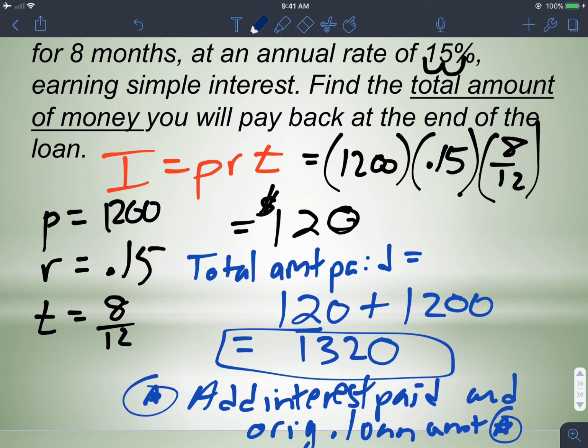You had a question? Where did you get the 120 from? Oh, from the answer. Yeah, the part in black gets me the 120, and then it's a two-step problem to find the total amount repaid. Oh, see, okay, I get it now.